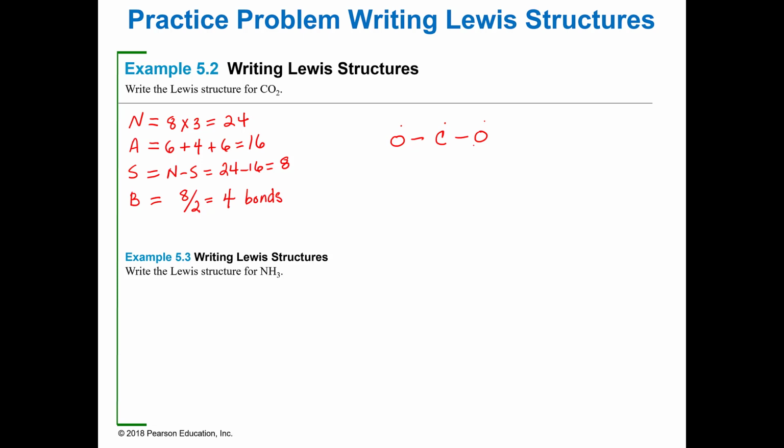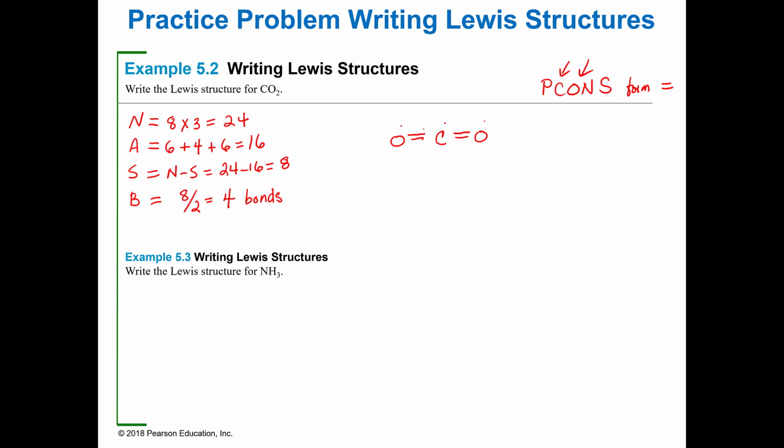I only have 2 bonds written right now. It says I need 4 bonds. I need to ask myself a question. Can it form double bonds? Well, it is PECONS, so it's a carbon and an oxygen, so it can form double bonds. So I can have 4 bonds by doing that.